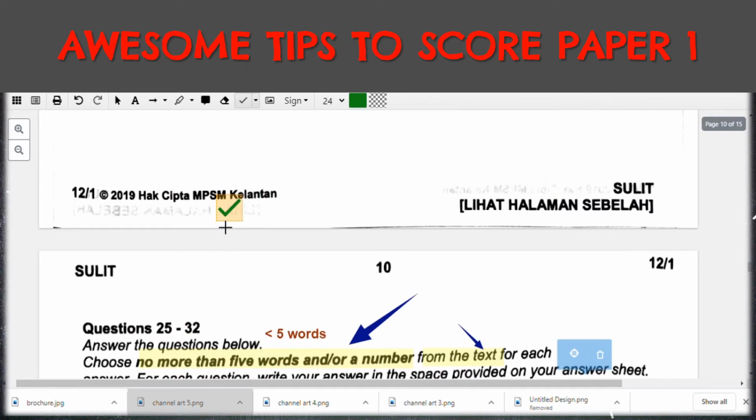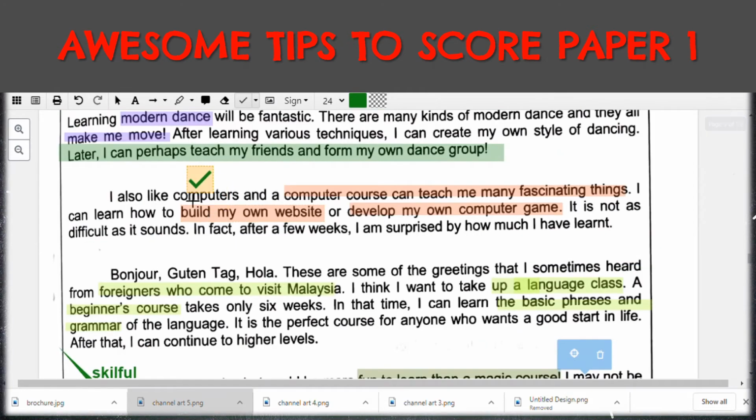Now look at this. After learning various techniques, I can create my own style of dancing. Later, I can perhaps teach my friends and form my own dance group. You see now? So perhaps teach my friends and then form my own dance group.